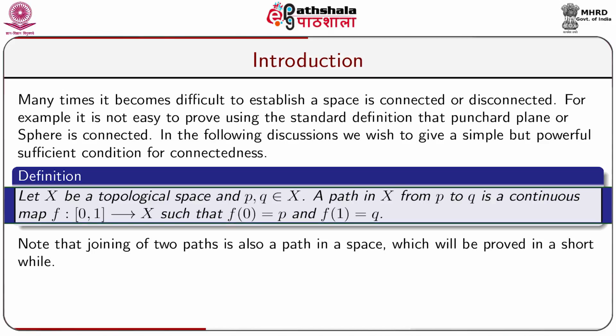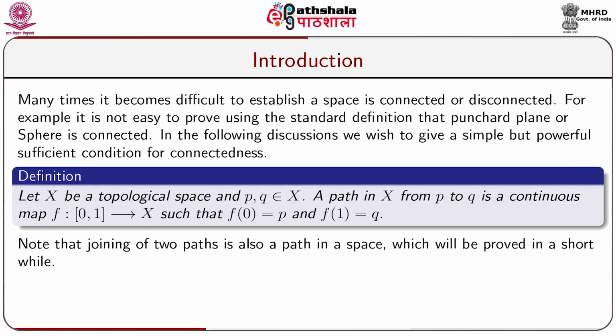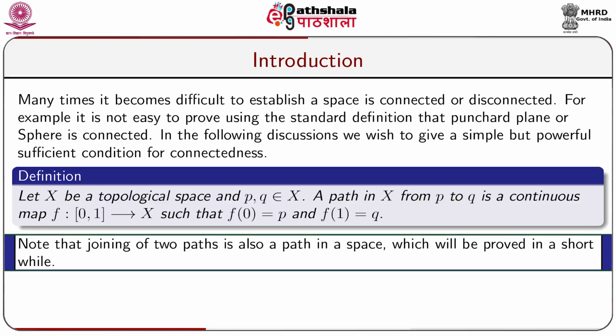Definition: let X be a topological space and P, Q belong to X. A path in X from P to Q is a continuous mapping f from the closed interval [0,1] to X such that f(0) = P and f(1) = Q. Note that joining two paths is again a path.